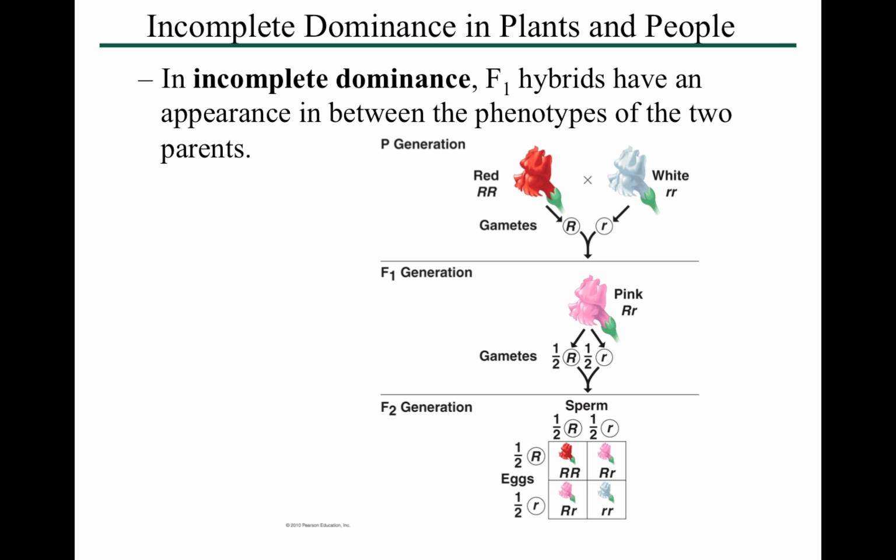If there's only 1 copy, there's less red. Then when you do the F2 generation, just like every other one that we've done, they're heterozygous times heterozygous. You end up with 1 homozygous dominant, 2 heterozygous, and 1 homozygous recessive.